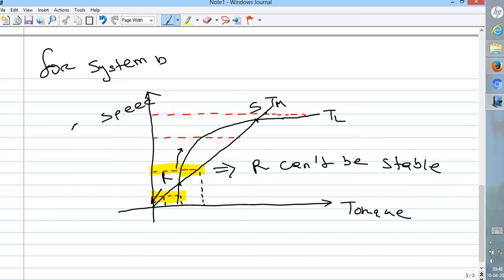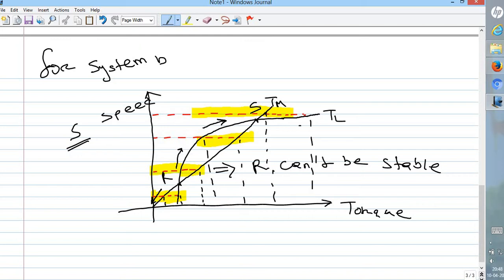Now consider point S. If you consider this point, at this point motor torque is more and load torque is less. So the rotor will accelerate and the operating point will try to approach point S. Similarly, beyond point S, motor torque is less and load torque is more.